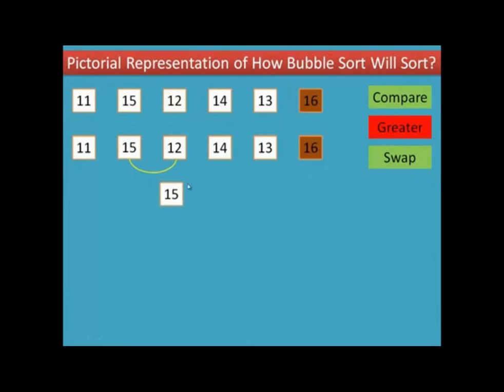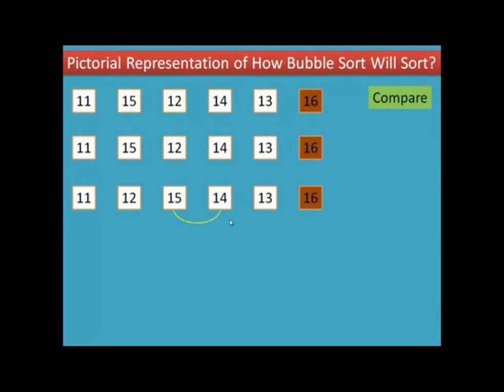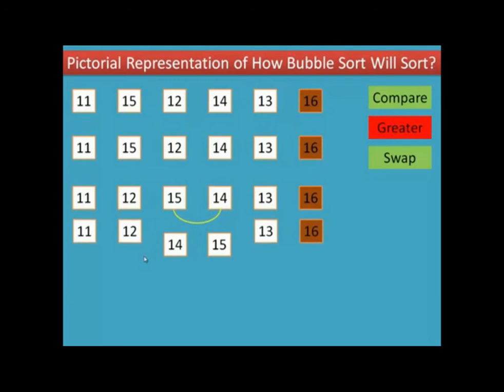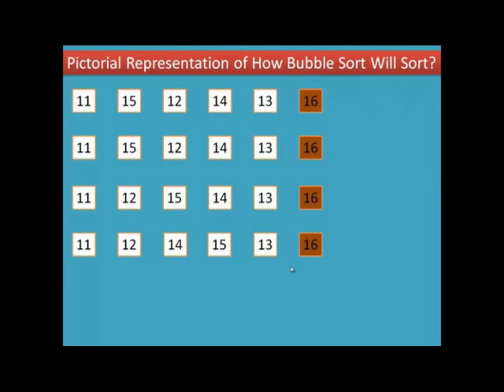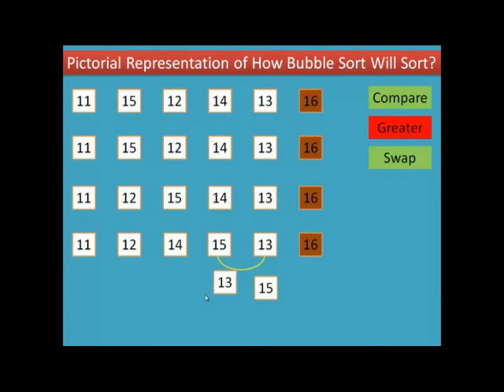Next, comparing 15 and 14. 15 is greater than 14, so swapping both, and the rest of the numbers are brought down. In this list, next we compare 15 and 13. 15 is greater than 13, so swapping both. When swapping, 15 came to its position, so there is no change in 15 and 16, and we look at the rest of the numbers.